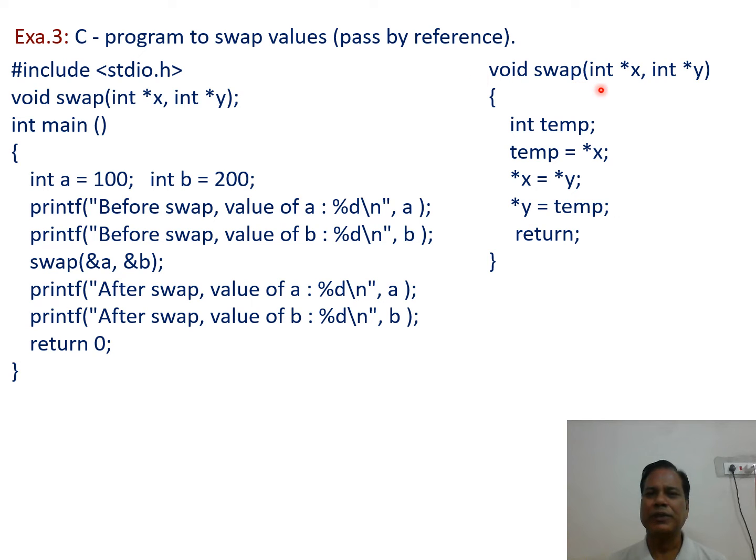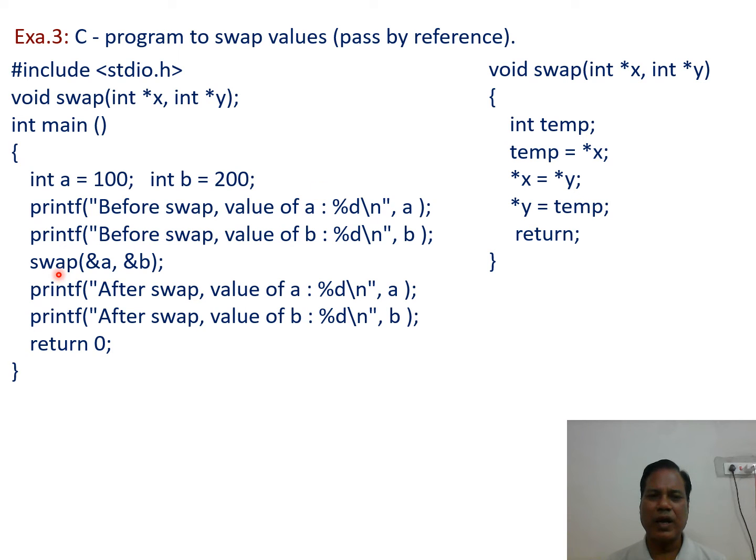So in the swap function, void swap(int *x, int *y). Here two pointer variables are declared. Pointer variables hold the address of the memory location where data is stored.